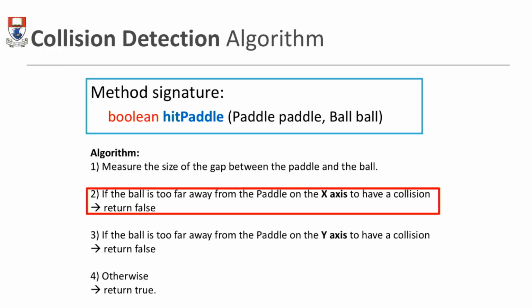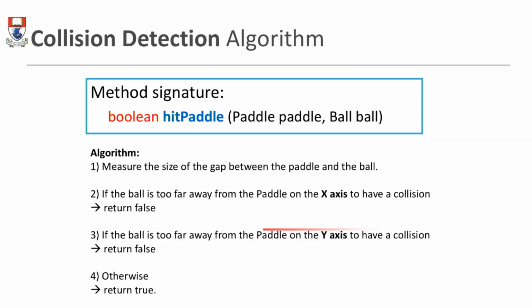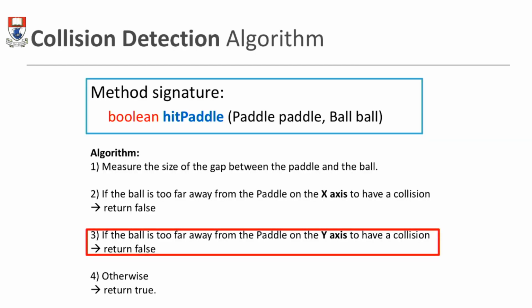Next thing to do is to check if the ball is too far away from the paddle on the x-axis to have a collision. Here's how we do that. We check if the circle distance x is greater than the ball dot get diameter divided by 2. If it is, we return false. Next we check if the ball is too far away from the paddle on the y-axis to have a collision.